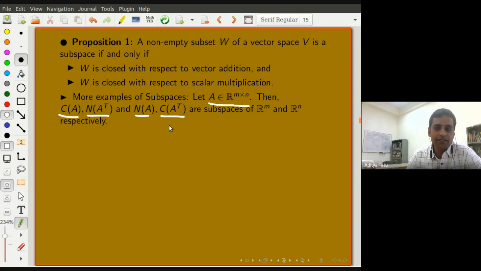We checked whether the zero vector belongs to these 4 sets, and we showed that it does. And if there are 2 elements in that set, any linear combination of those 2 elements also belongs to the same set. Yes or no? Yes, sir. So I hope you agree that we have basically checked the conditions given in proposition 1. Because linear combination is nothing but vector addition and scalar multiplication.